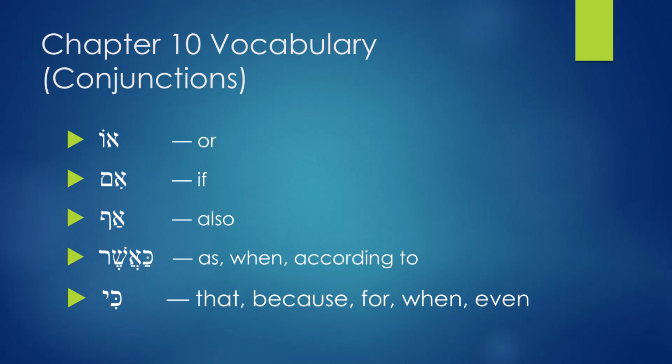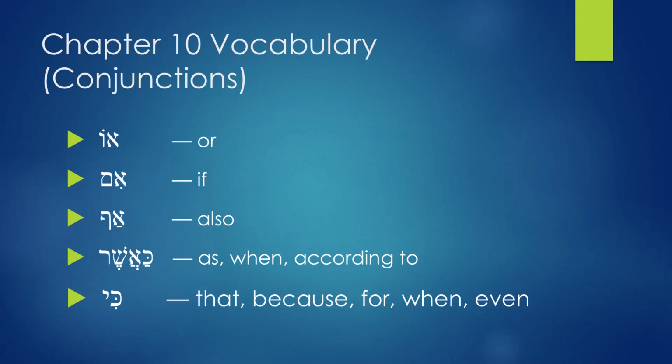Conjunction af means also. And then we have ka'asher. Ka'asher means as, or when, or according to. And then we have ki. Ki means that or because.